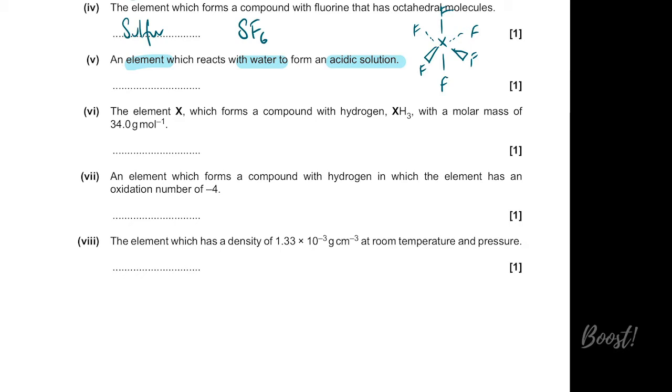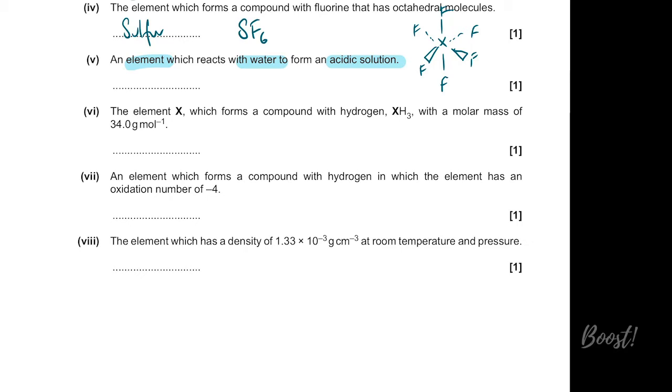So basically everything on the metal side is completely out. So we're looking for things on the non-metal side of the table here. You may remember that non-metal oxides form acidic oxides. So now we've got to think about which of these non-metals may dissolve in water to form acidic solutions. In actual fact, sulfur and phosphorus don't usually dissolve in water. Oxygen doesn't dissolve in water to form an acidic solution.